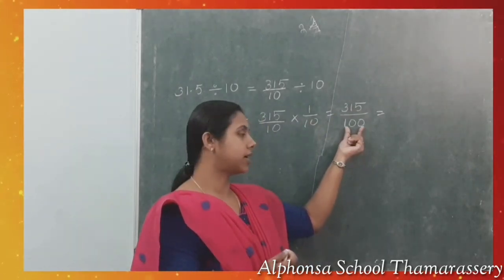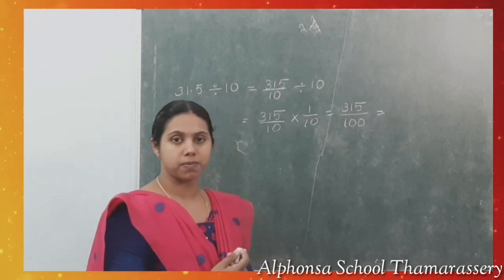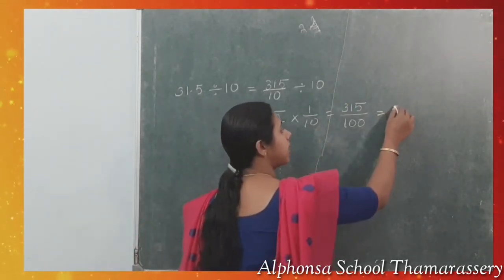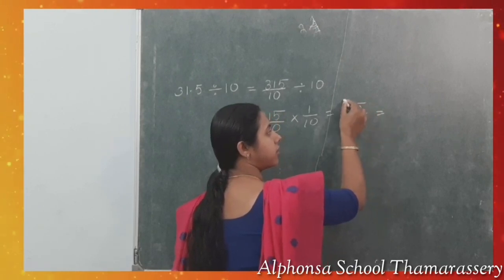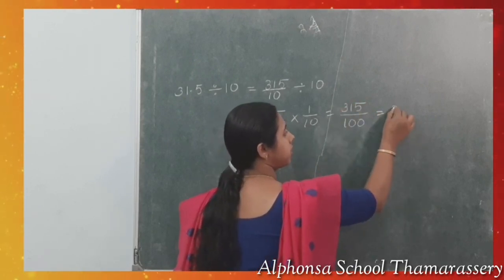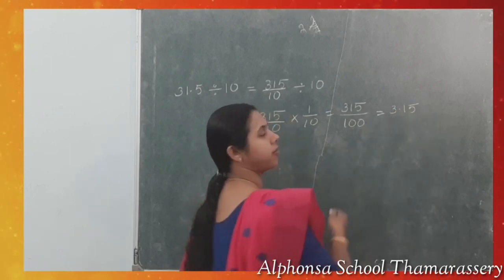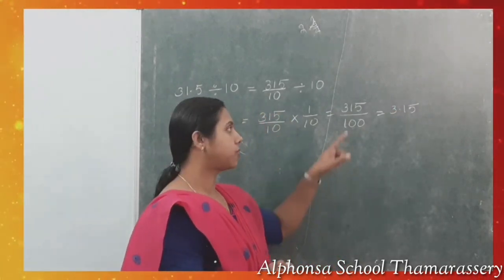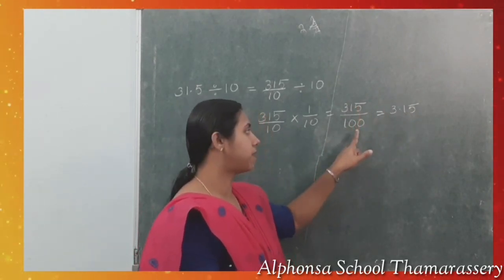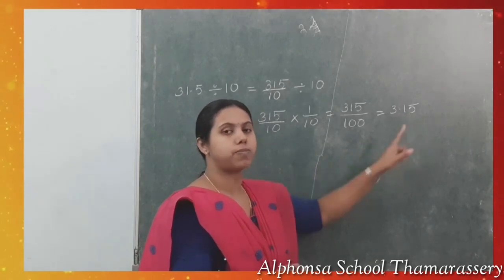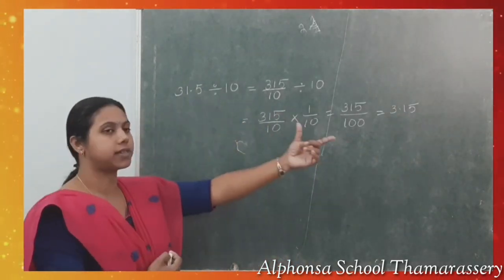There are two zeros, so how many decimal places will be there? There are two decimal places. Start from the rightmost digit and move to the left. So it will be 3.15. Now observe the question and the result.